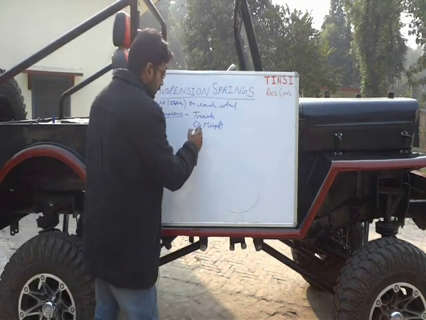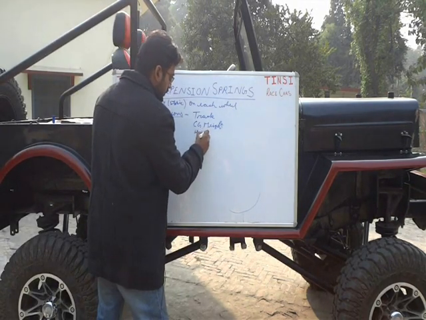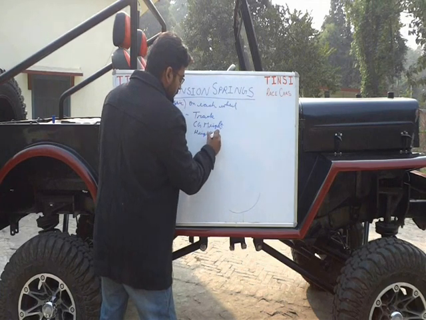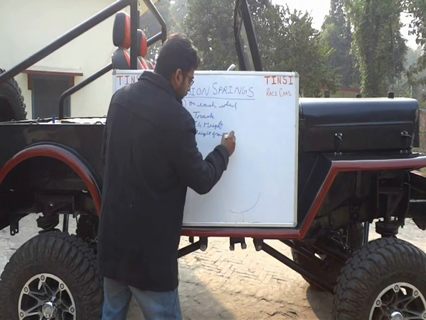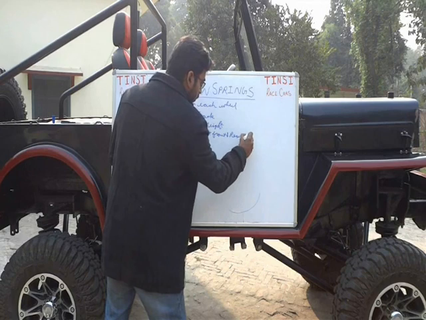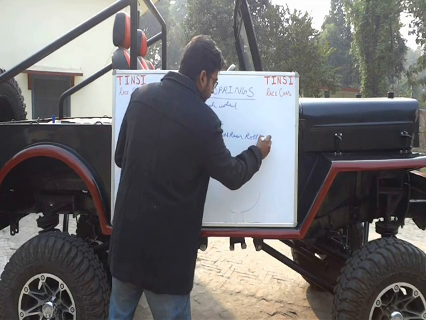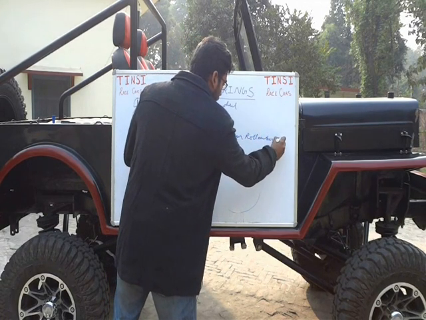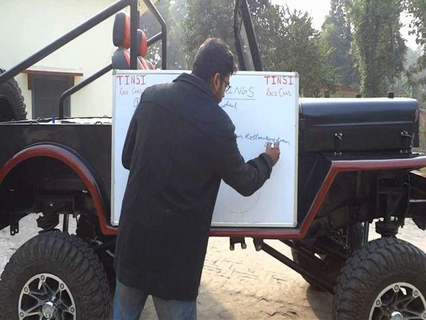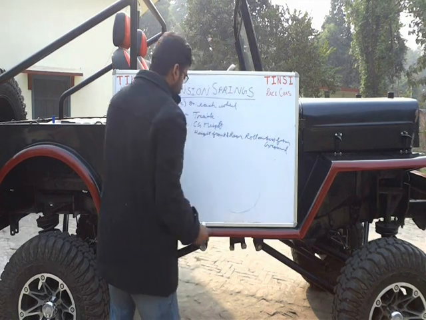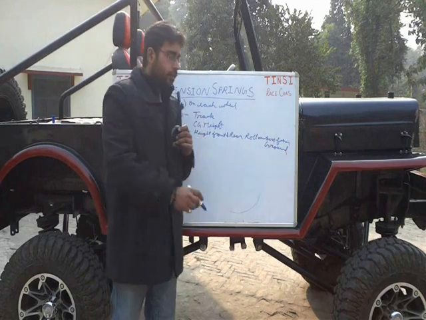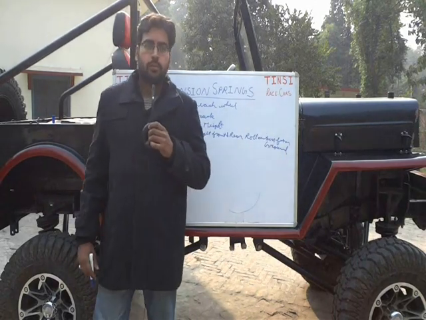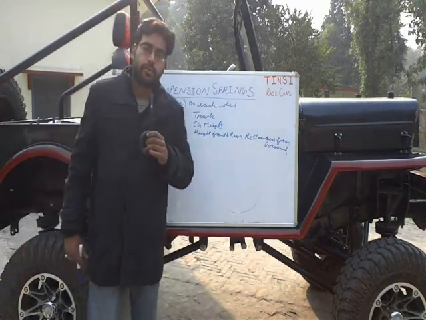Next, what you require is the height of the front and rear roll centers from the ground. For the front and rear roll centers, you first need to go into the suspension geometry.